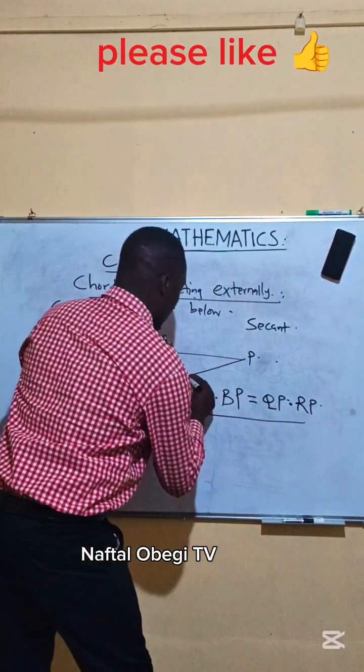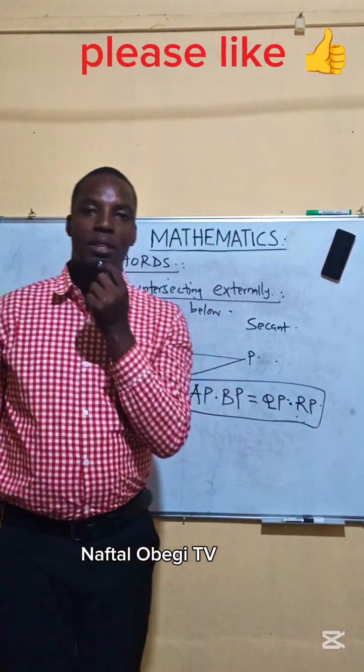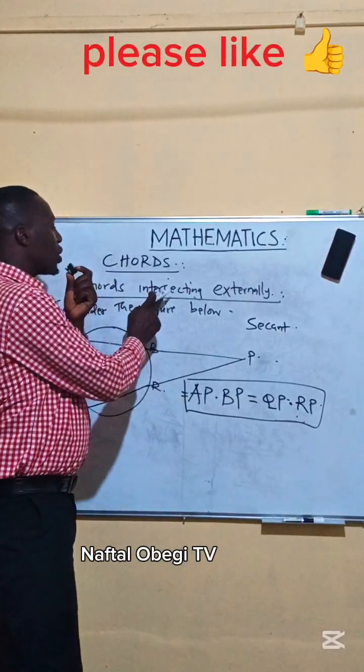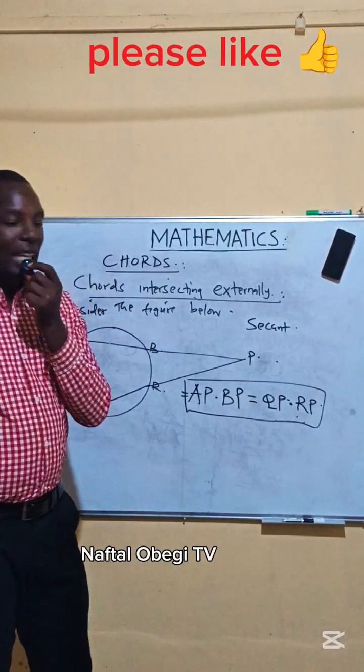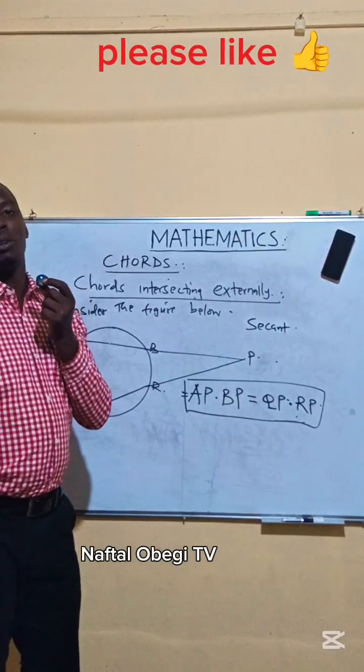This is the relationship, or this is the law that we use when chords are intersecting externally outside the circle.